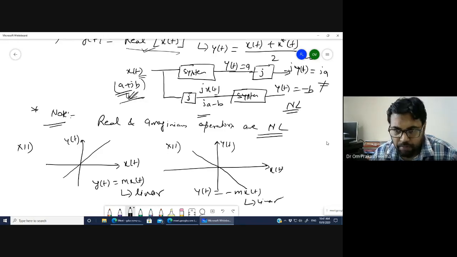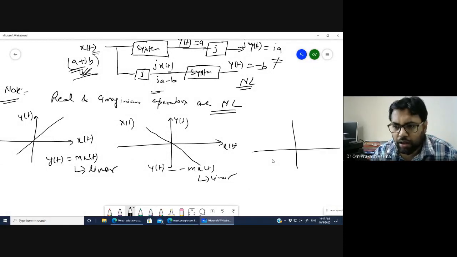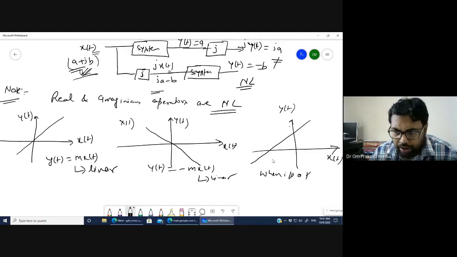But the third case, just to see the third case, when you will take such type of output yt providing the input xt, then it becomes what? When input is 0, are we getting the same 0 output?